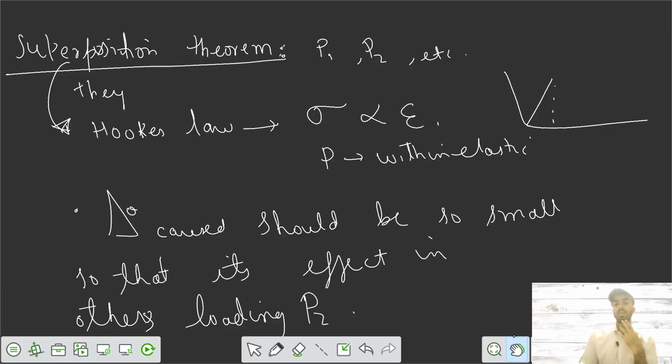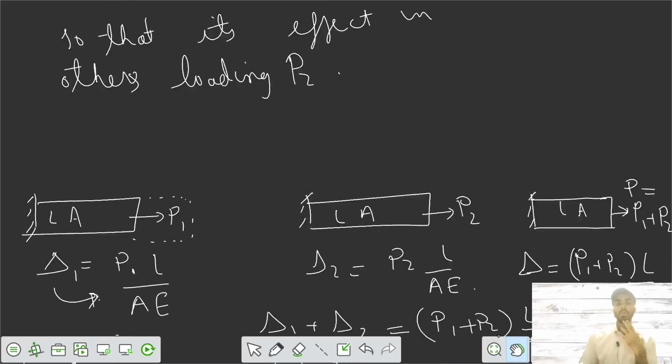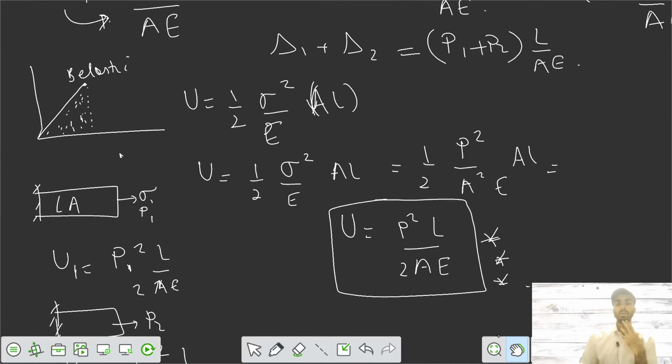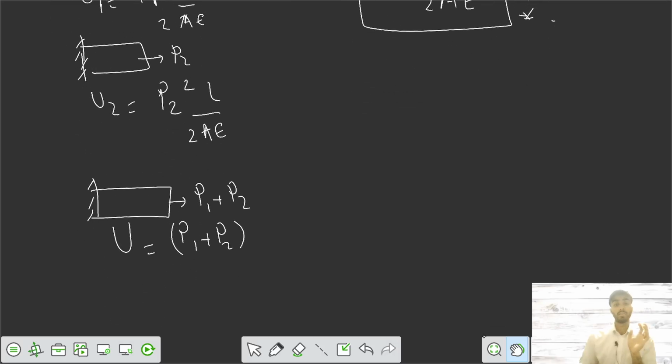We know delta equals PL by AE, so delta and P are linearly proportional. But for the strain energy, the cause is P and the effect is U, and they are related by a square, not linearly proportional. We want to see if superposition is valid now.